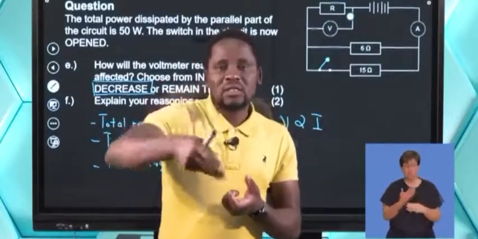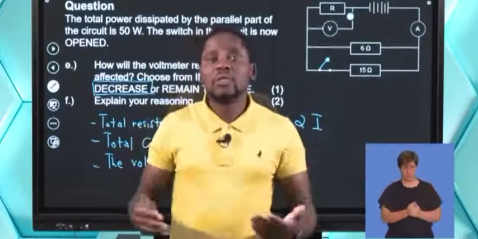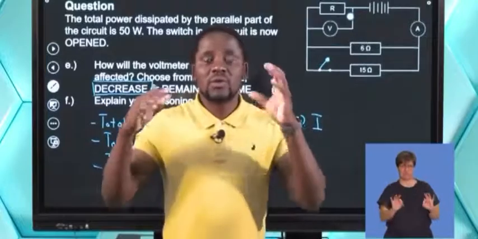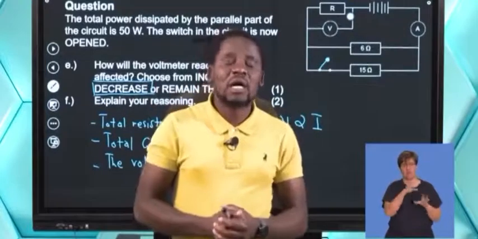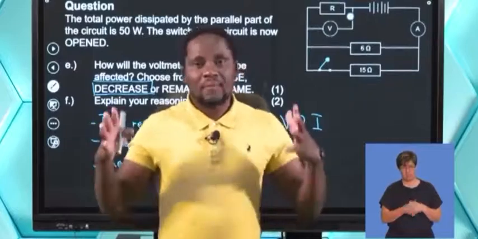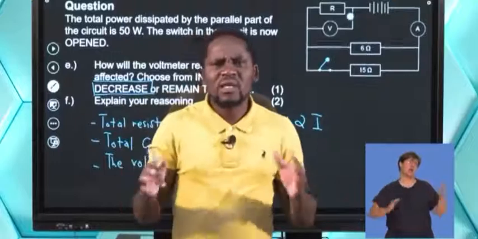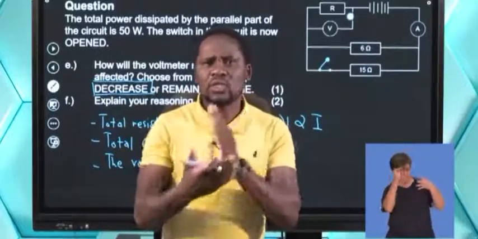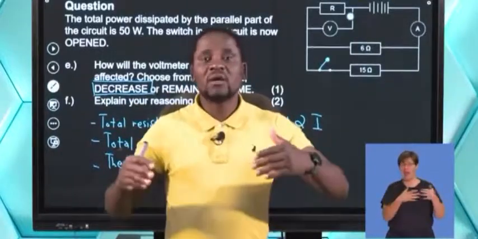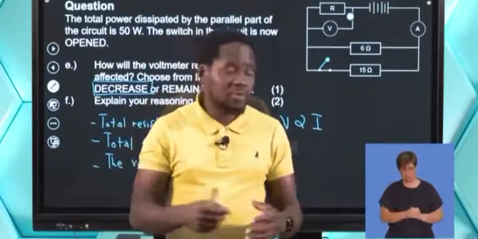Now, if resistance has increased, how does that affect the current? And you are always supposed to respond to these type of questions that involve explanation using simple facts. You don't write a long essay. Just be straight and short and brief to the point, because for any question which requires explanations, you need to be brief.